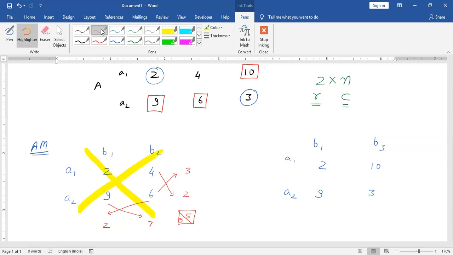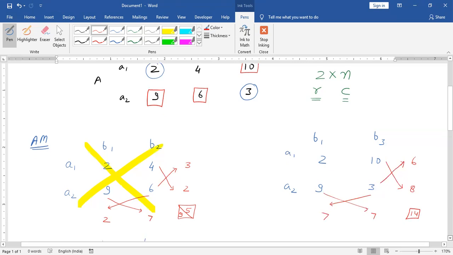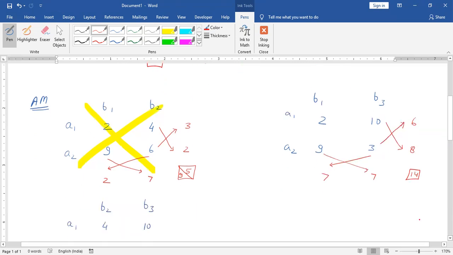Now we move towards the next combination. The differences are 8, 6, 7, and 7, and the total of the differences is 14. So now we calculate the value of the game.